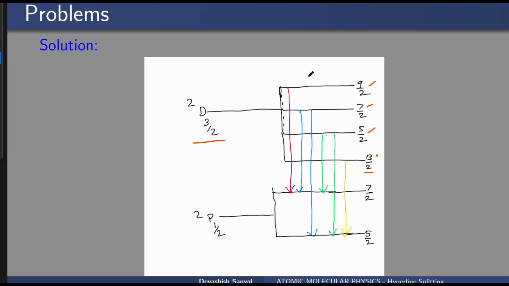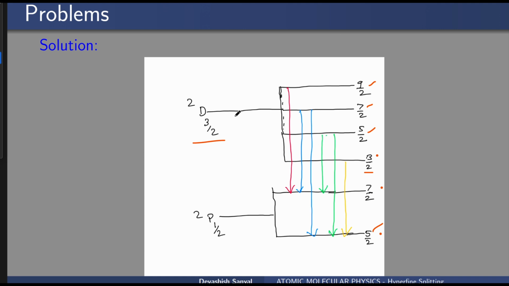So we will have 4 splittings of this level. Similarly, this level will be split into 3 minus half, which is 5 by 2, and 3 plus half, which is 7 by 2. So these splittings are there, and I have drawn the transition lines.